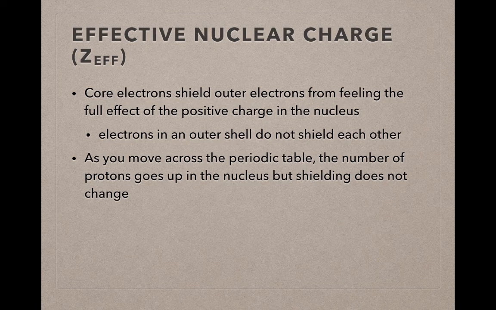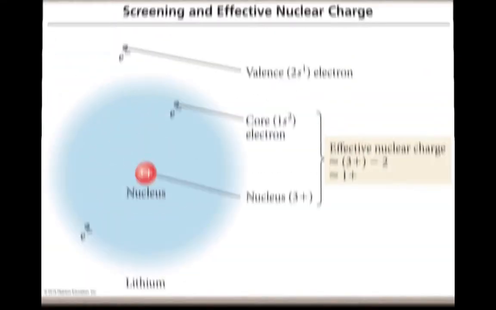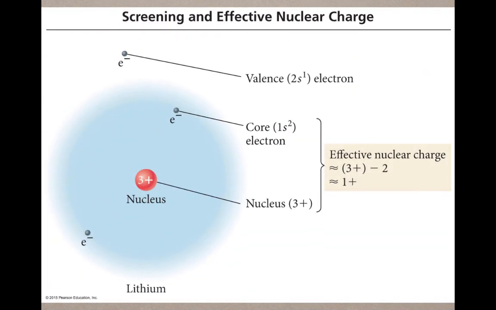The number of protons is going up in the nucleus, but the shielding does not change. As a result, the effective nuclear charge from the nucleus goes up, and the attraction between the nucleus and the electrons increases. This has the effect of decreasing the atomic radius. Let's take a look at a little graphic that shows how that works.